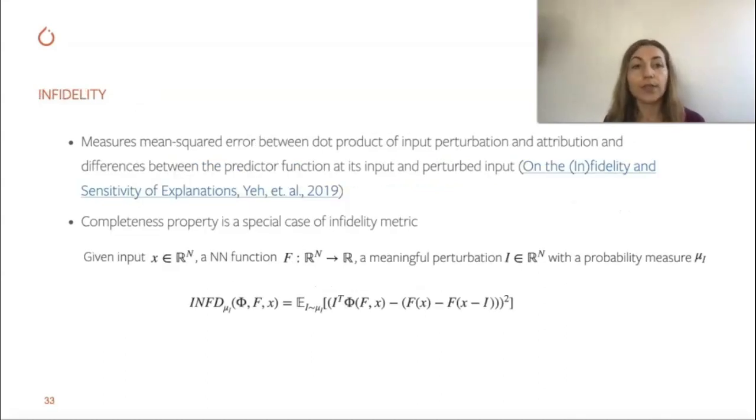So similar to sensitivity max, infidelity is another metric that measures the quality of attributions. It is a generalization of the completeness axiom, which we already got to know from the integrated gradients algorithm.